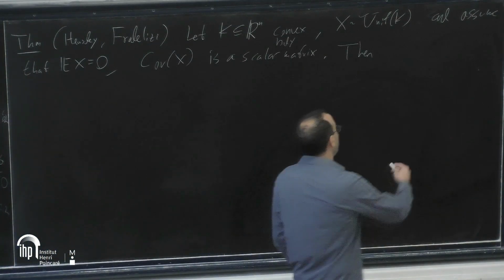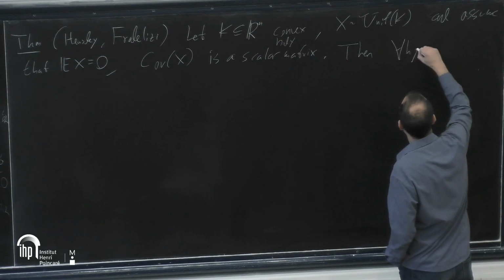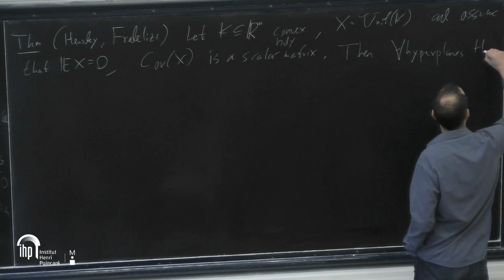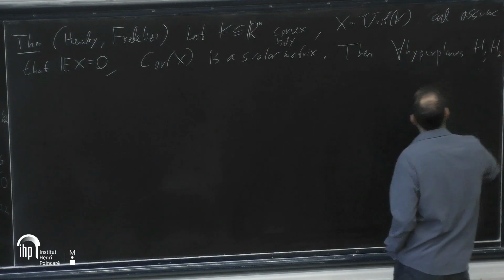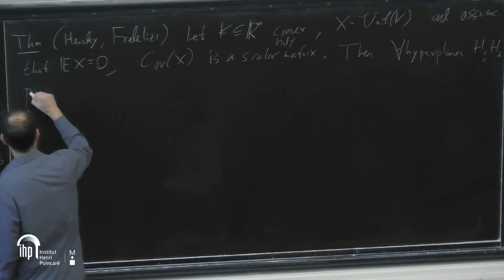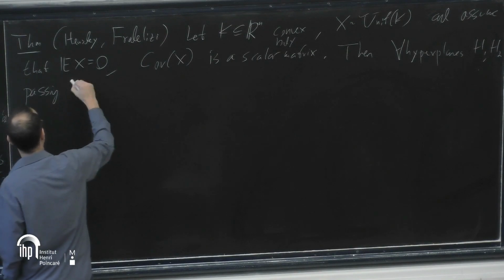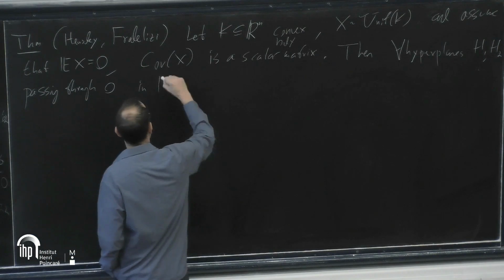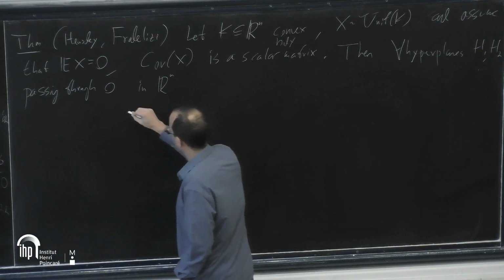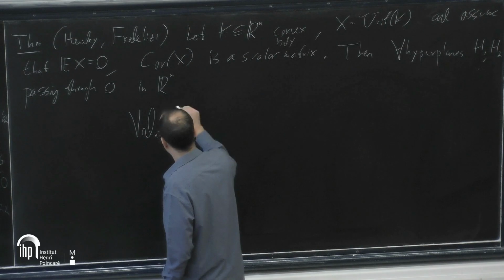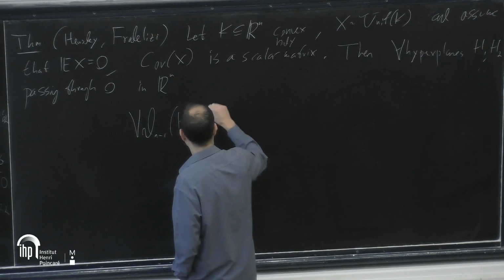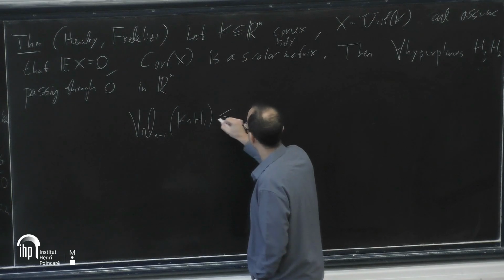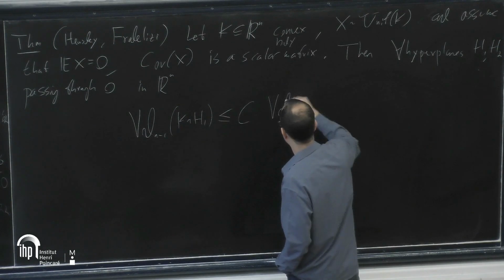So the conclusion is that for any hyperplanes H1 and H2 passing through 0 in R^n, if I look at the volume of one section, the ratio is mostly a universal constant times the other section.